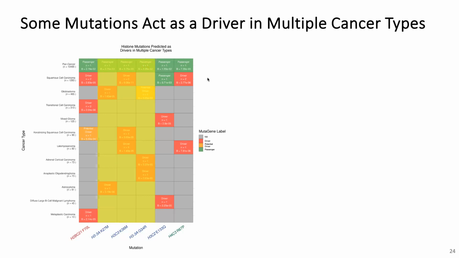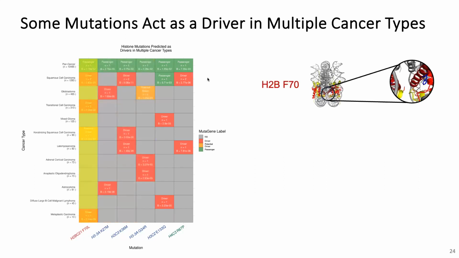So in addition to some of these previously described mutations, we also have found a few different novel mutations that have been predicted as drivers in multiple cancer types. And that includes the H2BC21F70L mutation. This mutation has been previously found to occur at a high frequency inside of pan cancer. However, it has not actually been directly described as a driver mutation yet.